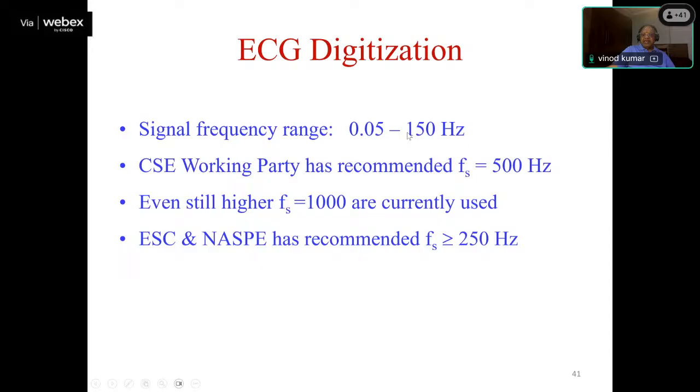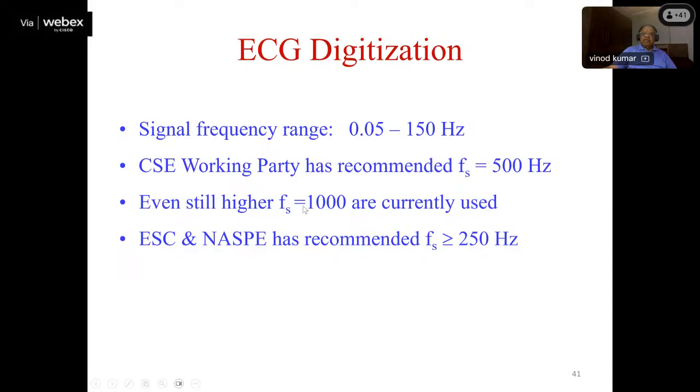Now, if the highest is 150, then sampling frequency should be more than double the highest frequency. CSE, Common Standards in Electrocardiography, UK, has recommended the sampling frequency to be 500 hertz. And some people have recommended a sampling frequency of 1000 hertz. Actually, when our processors were not that strong, and memory was not that high or easily available, sampling frequency was 500.